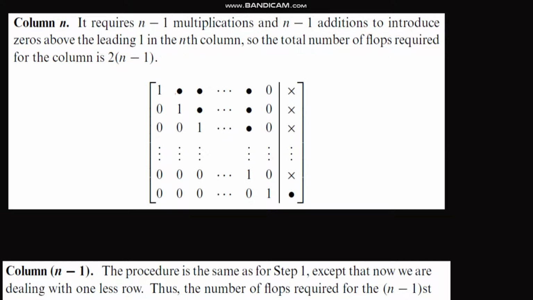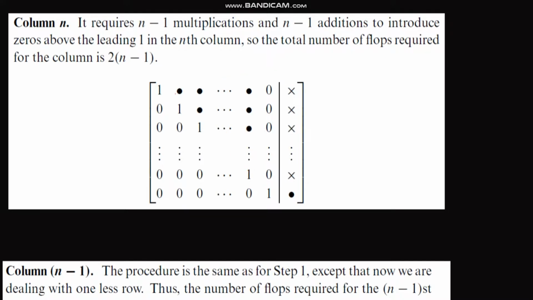We need to introduce zeros above the last entry, a_nn, that we have made one. So we introduce the zeros above it in the entire column.